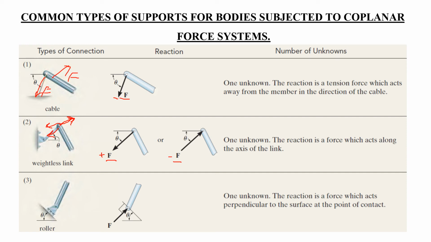Third example, this is similar to the example we saw first off as well. What if you rest a beam on a roller? This beam has some weight, and this roller will provide the opposite force.